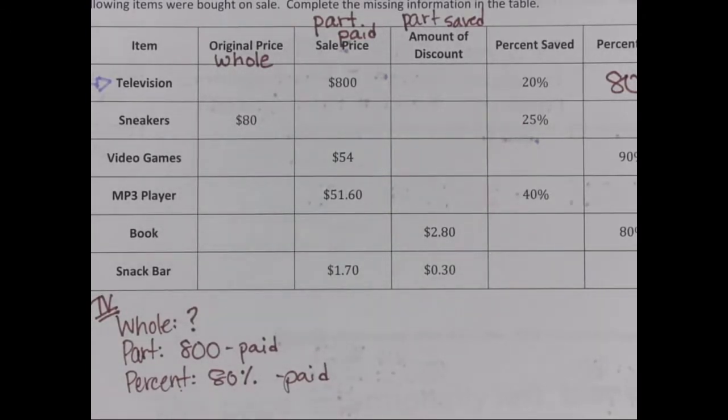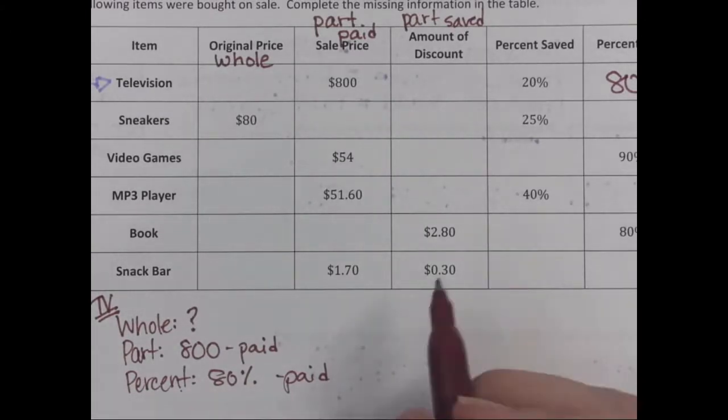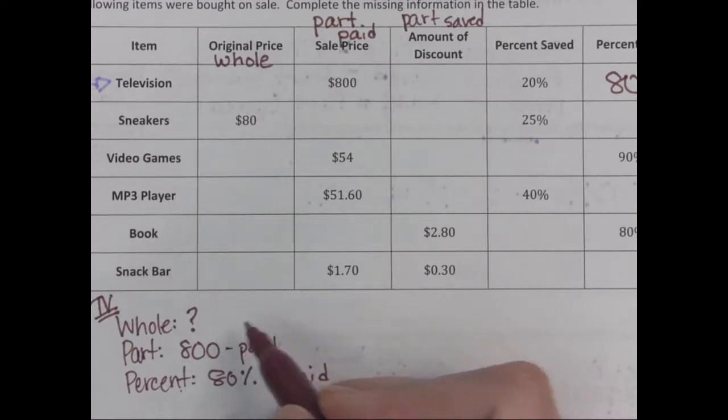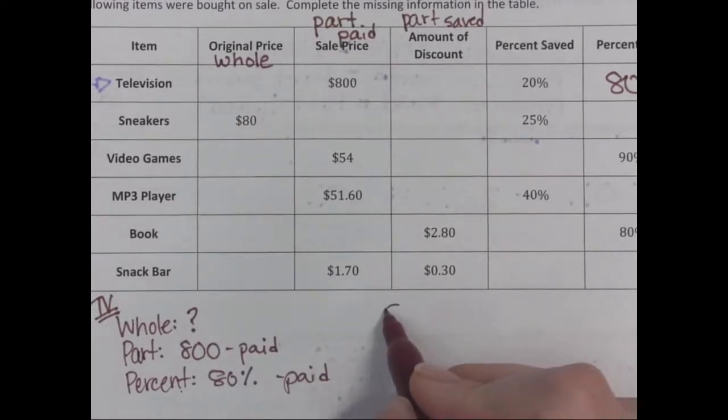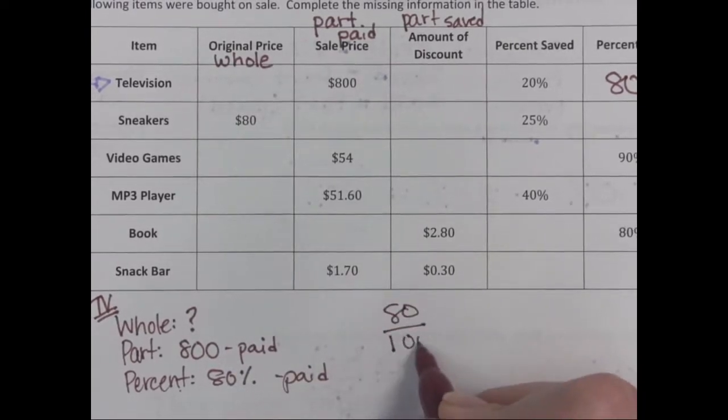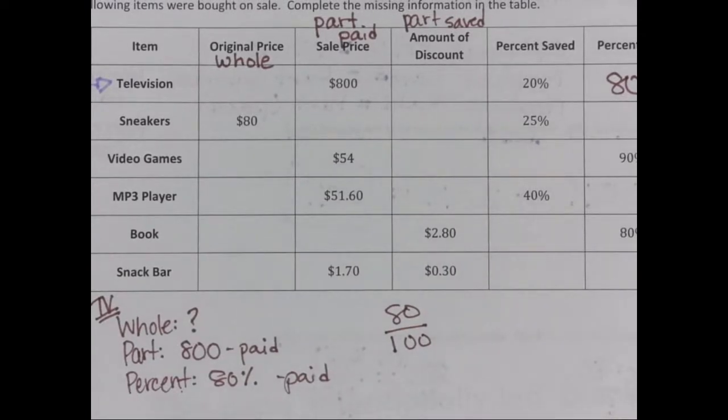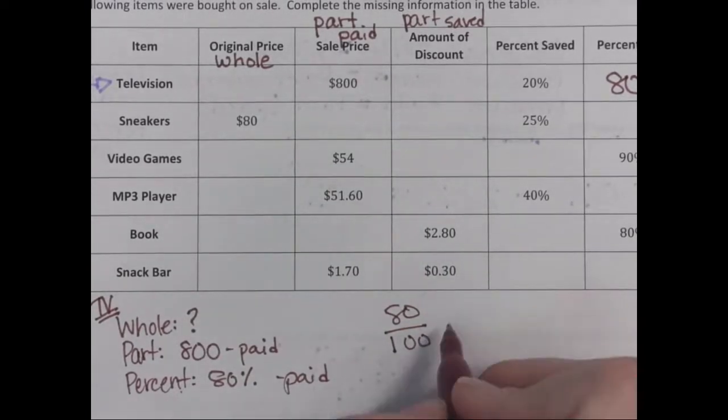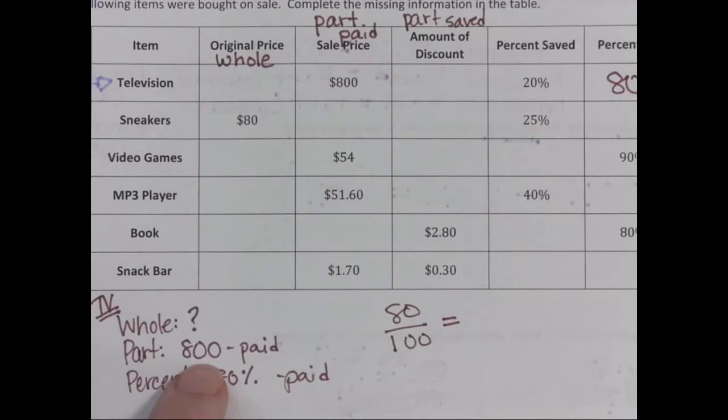So now it's just like every other problem we've solved. Which fraction should I start with? Which fraction should I start with, Darlie? The percent, right? Because I don't have the part and the whole. So I'm going to start with the percent over 100. I need for the part to equal 800. The part goes where? Top or bottom?